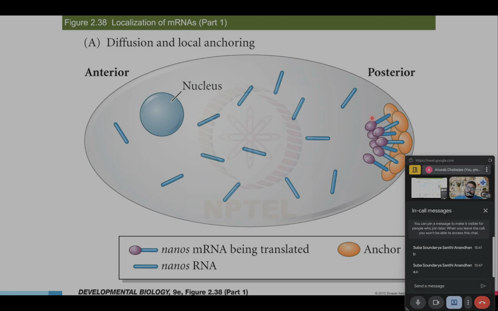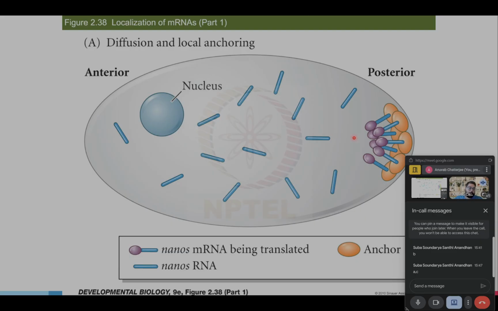But another thing occurs. Nanos mRNA is bound by another protein known as Smaug. Whenever this protein finds nanos mRNA, it binds to the 3' UTR and doesn't let all the other nanos mRNA, which are diffusing freely throughout the cytoplasm, start translating into the nanos protein to do its job.